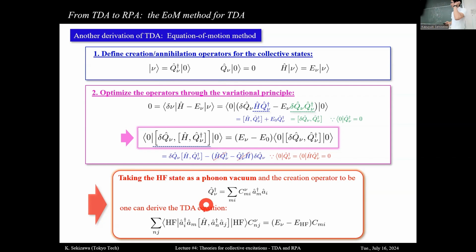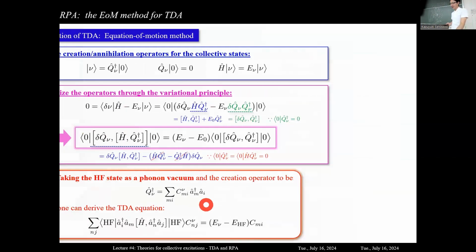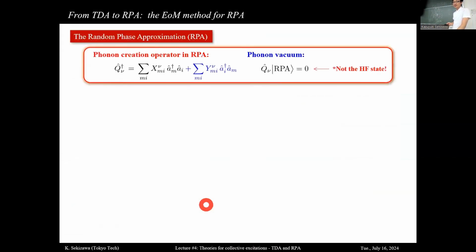Okay, now let us derive what RPA is. In this case, we change the operator and the vacuum state. So now, this is the phonon creation operator in the random phase approximation, RPA. Q dagger has this A dagger A and another A dagger A here. Looking carefully, the first term is the same.